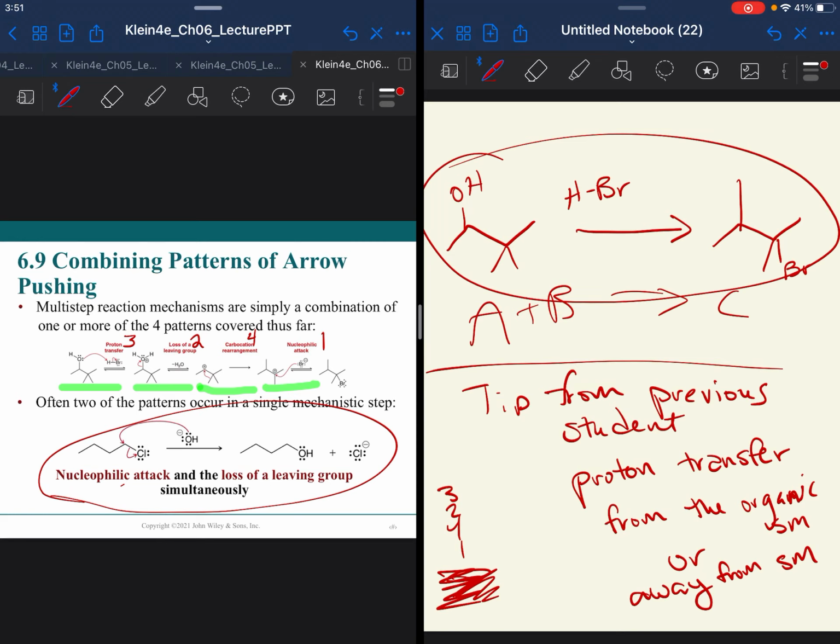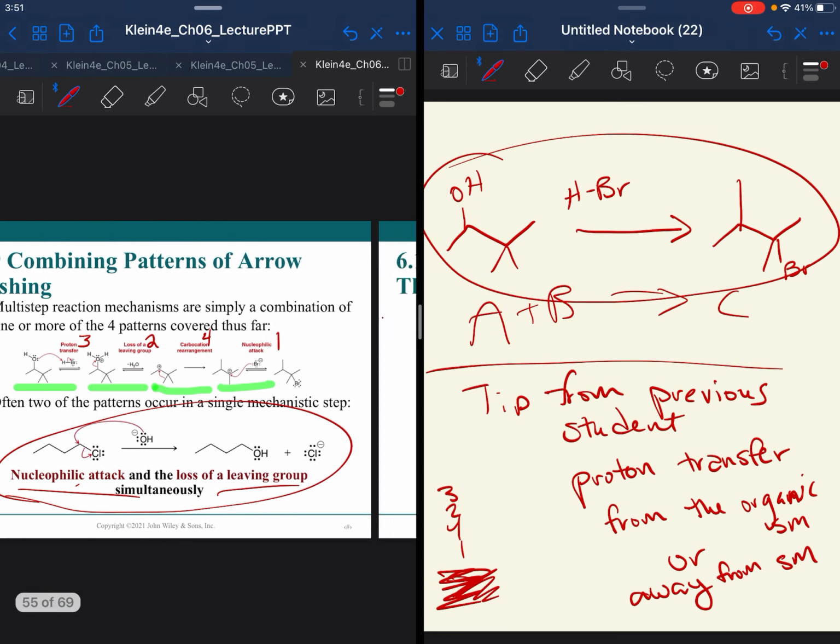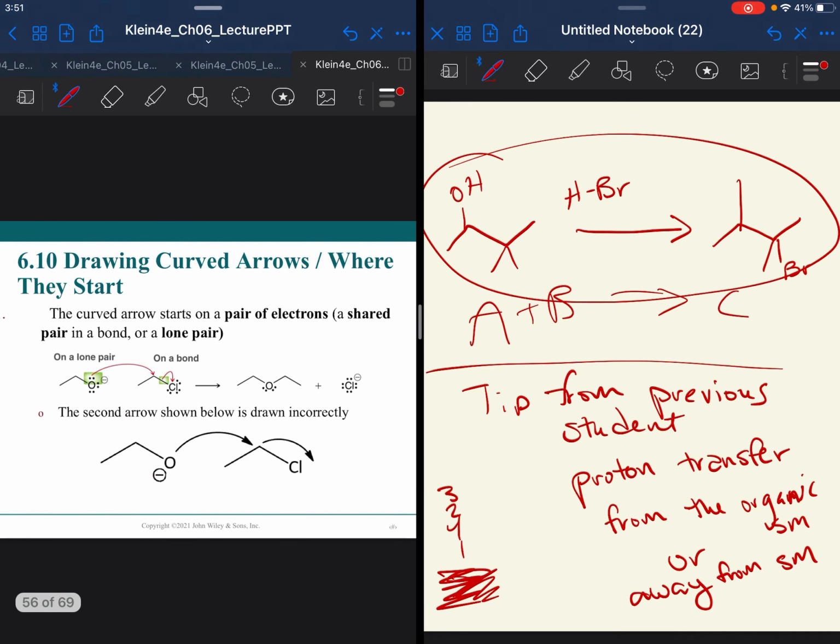You can't have the nucleophilic attack happen first and by itself, because that would put 5 bonds on carbon. And you don't get the loss of the leaving group happening on its own here, because it would make a very unstable primary carbocation. So for some reactions, they will be a little bit more complex, where you will get two patterns happening at once. Again, that's why we go through each mechanism together.